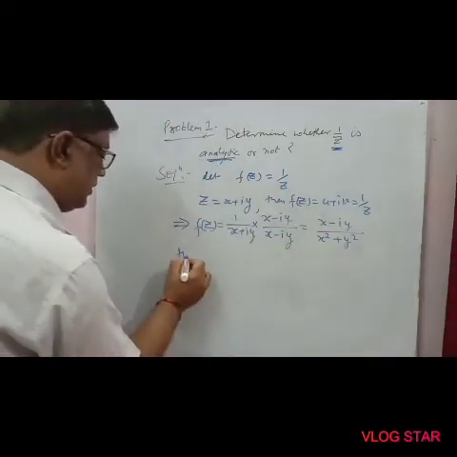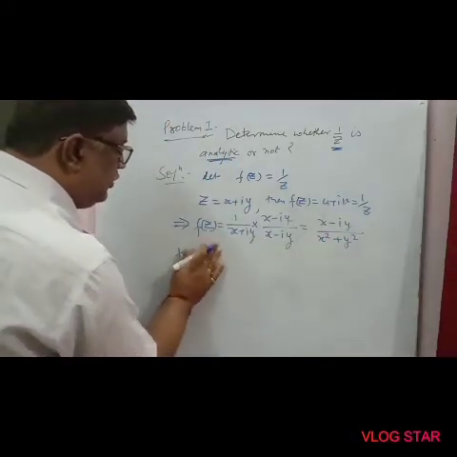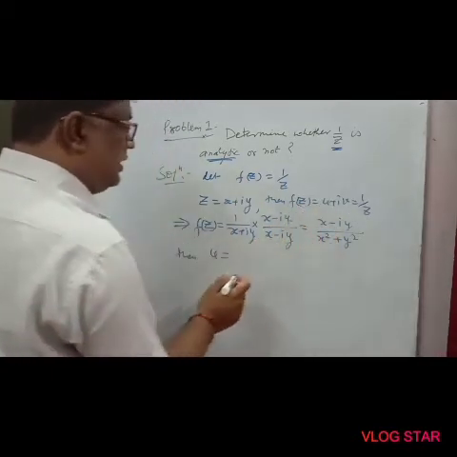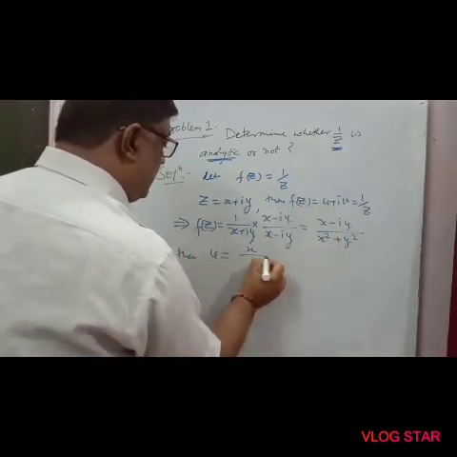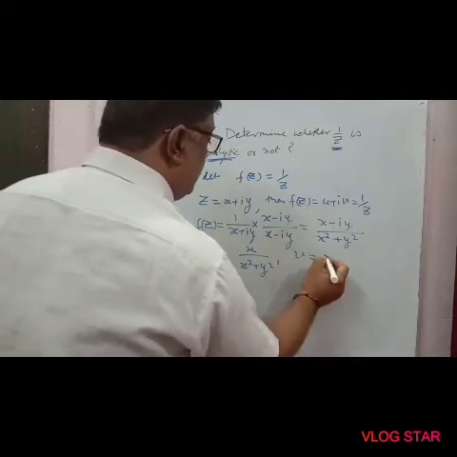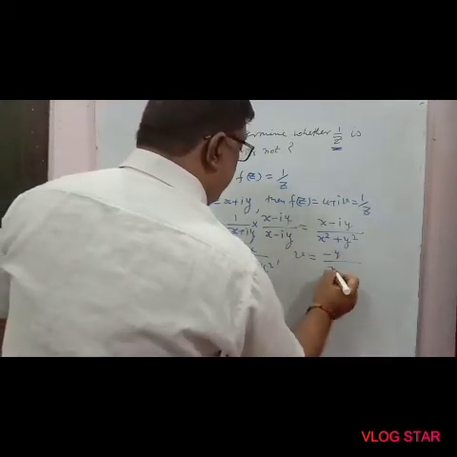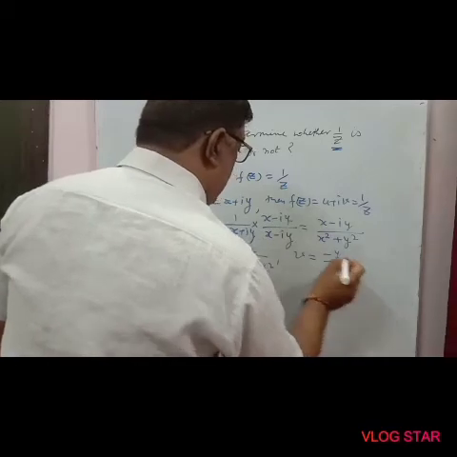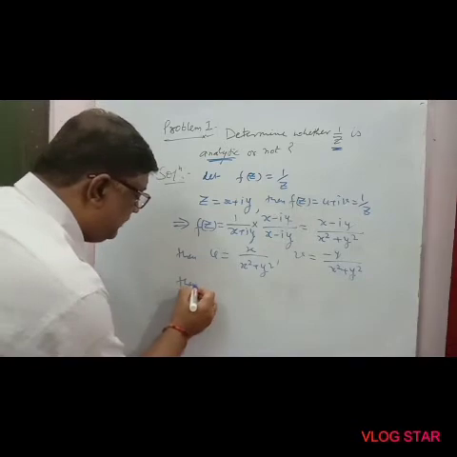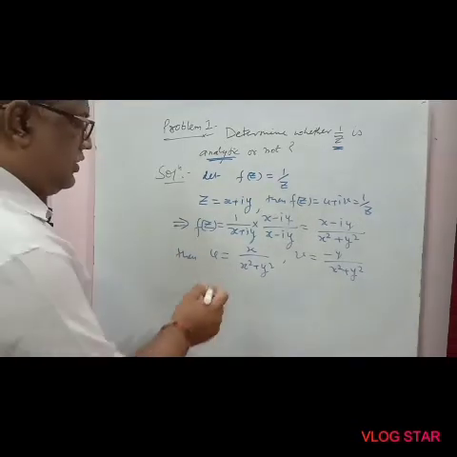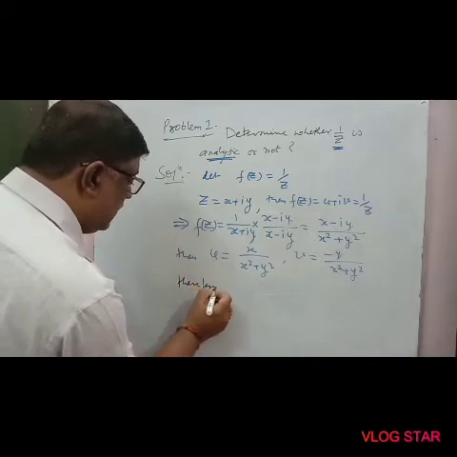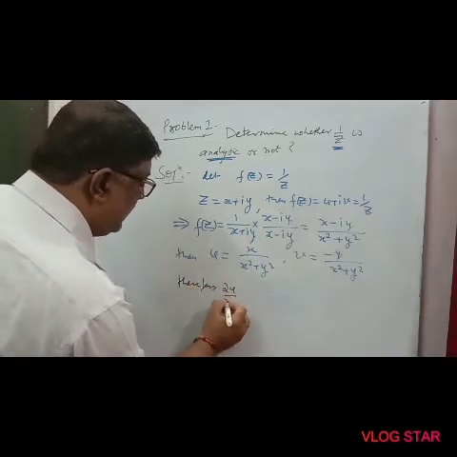Then by comparing the coefficients, u equal to x upon x square plus y square, and v equal to minus y upon x square plus y square. Therefore, find del u upon del x.